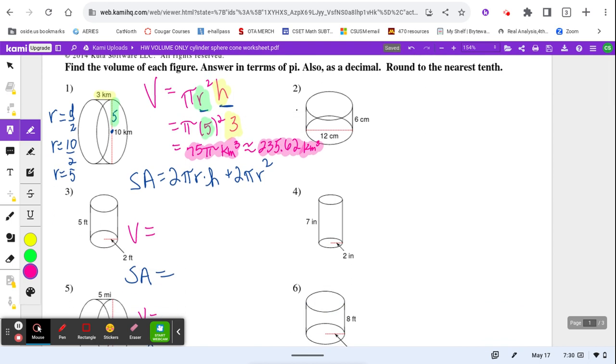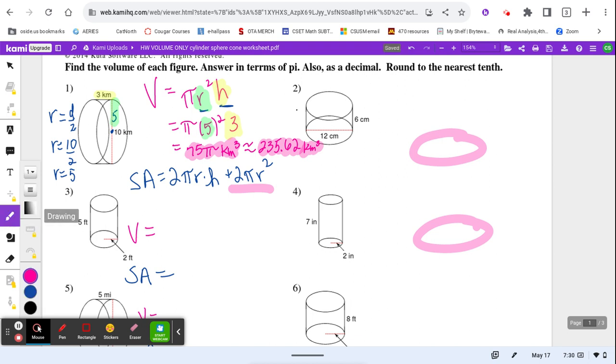Surface area formula is 2 pi r, that's the circumference, times the height, plus the 2 circles on the top and the bottom. So what we have here when we're talking about a cylinder is we have a top circle and a bottom circle. That's the 2 pi r squareds, because each one is a pi r squared as far as its area. And then why is this rectangle that's around it this 2 pi r h?